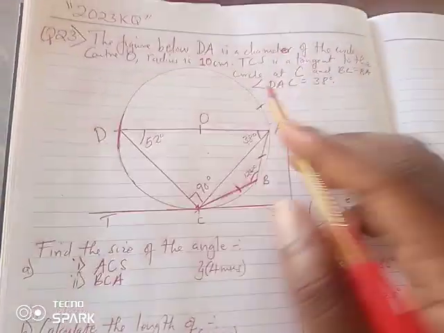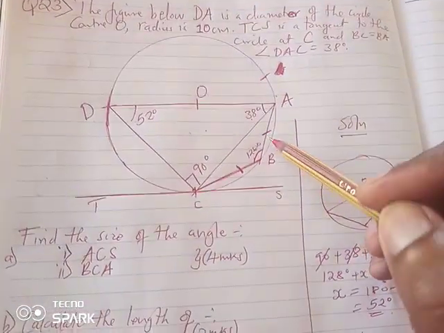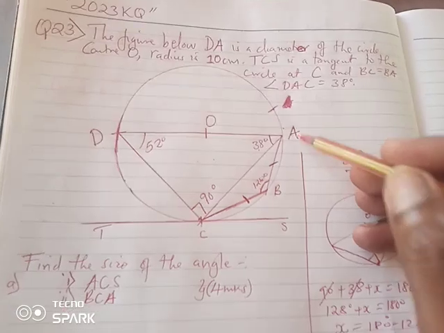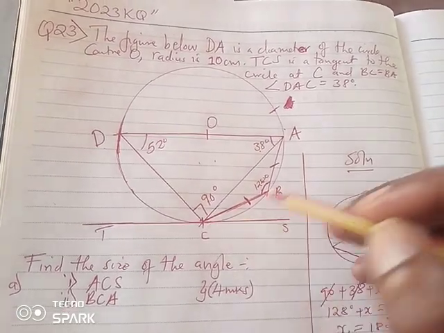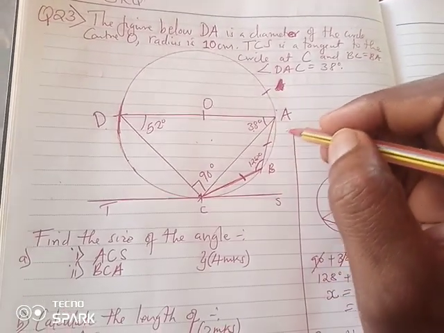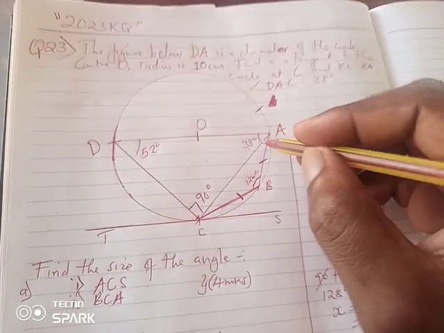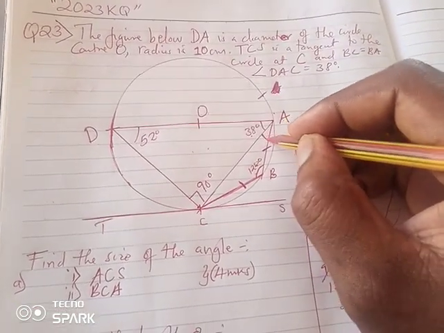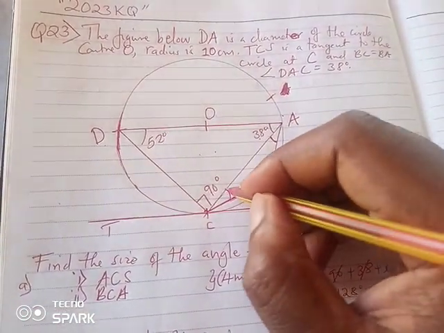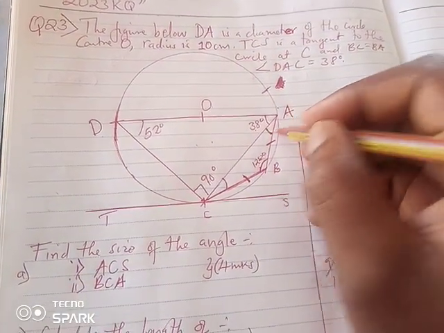Then we were given from the statement and on the diagram that lines AB and BC are the same. So this gives us an isosceles triangle, and we all know the base angles within an isosceles triangle should be equal.